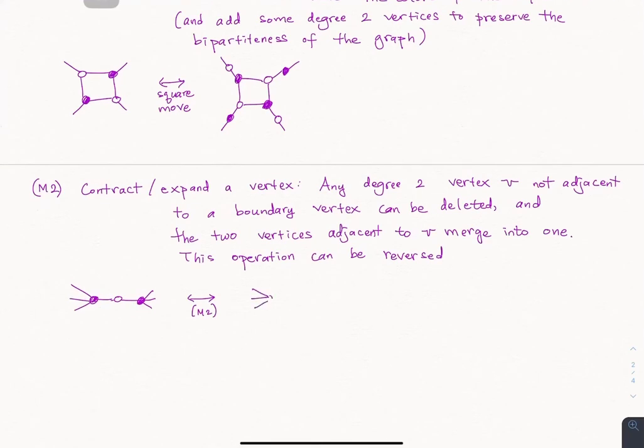So I would get this local picture, and this would work also if the degree 2 vertex is black.